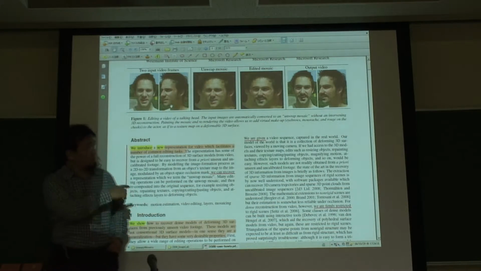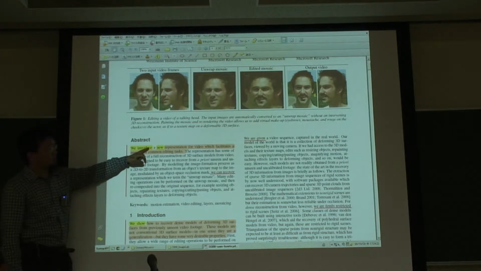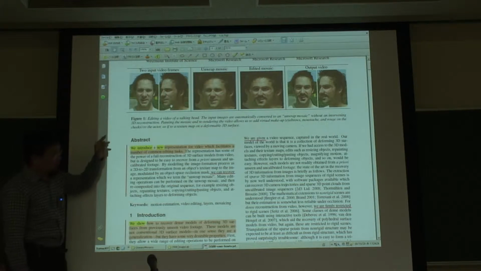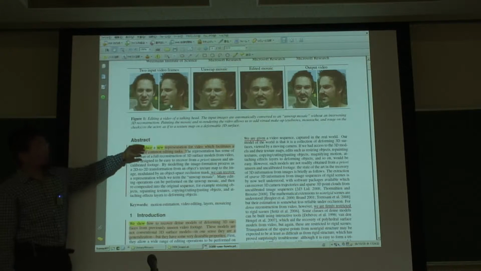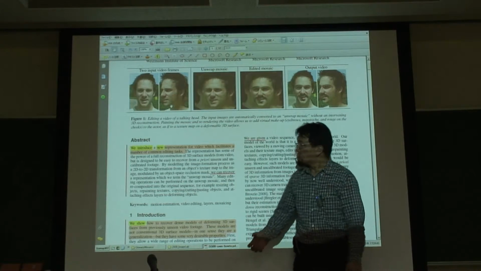In the abstract, the first one, "We introduce...", because Microsoft guys are really smart at writing papers, they put the important sentence in the very first part of the abstract, to catch all the readers and make them understand their idea, their appealing point.